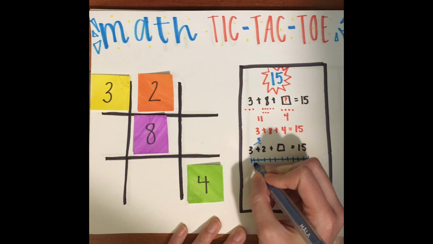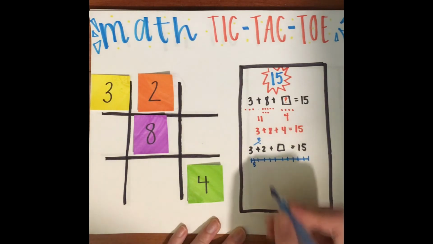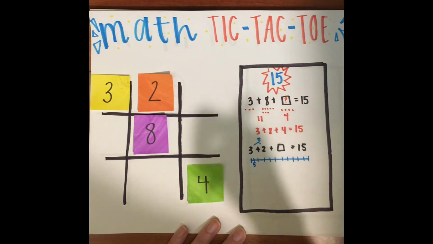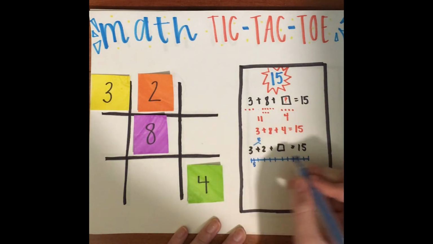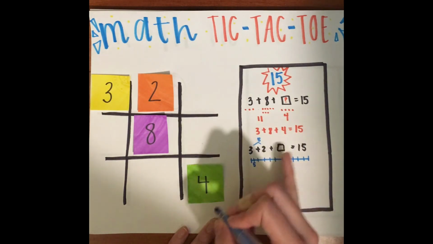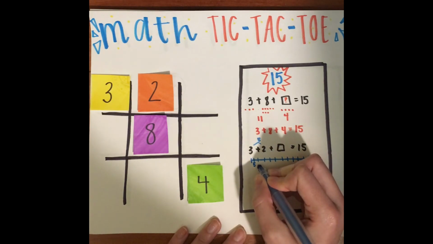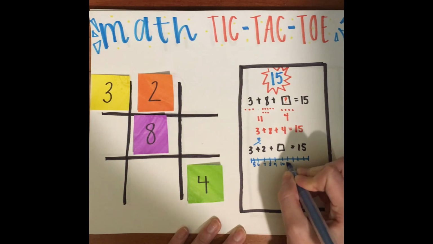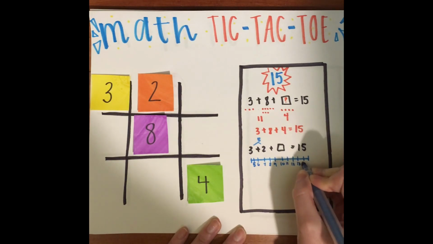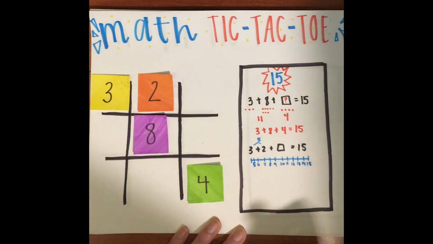And for this one, I know I can start at 5 because I know when we add, our number always gets bigger. So I know I have 5 and then I need to get up to 15. So I'm going to label my number line up to 15. 6, 7, 8, 9, 10, 11, 12, 13, 14, 15.